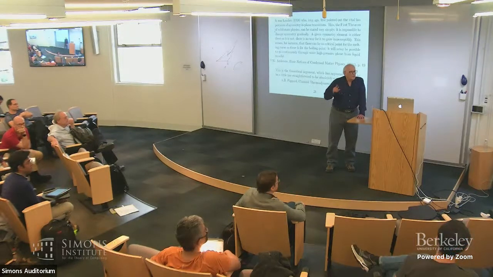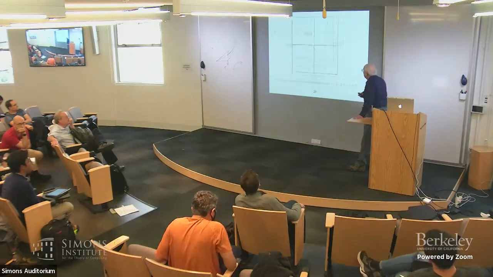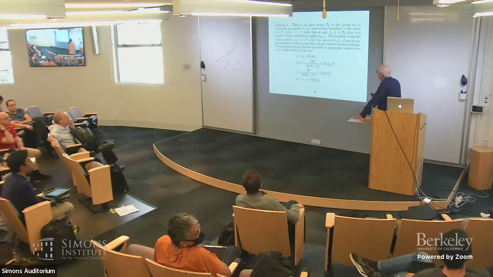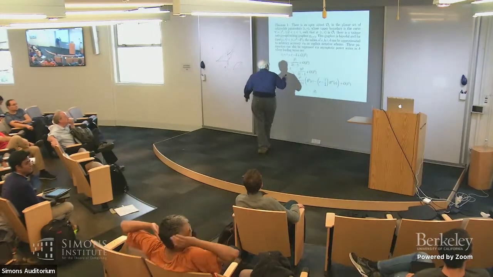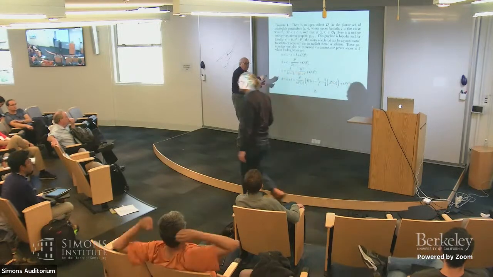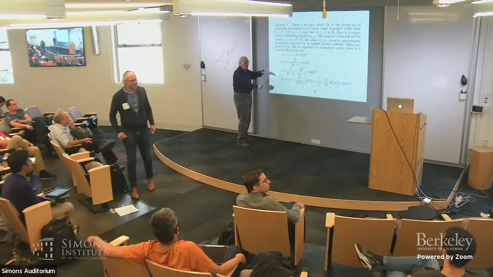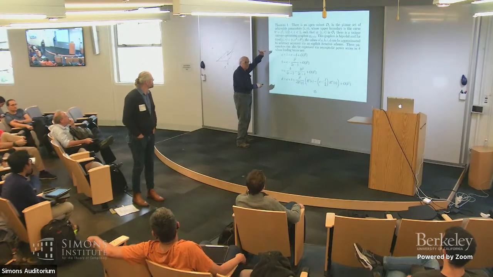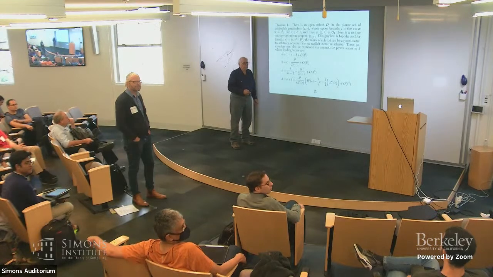When I gave you these asymptotic expansions, you can see exactly what the behavior is as the delta goes to 0, as you get closer to Erdős-Rényi. It's written right here.